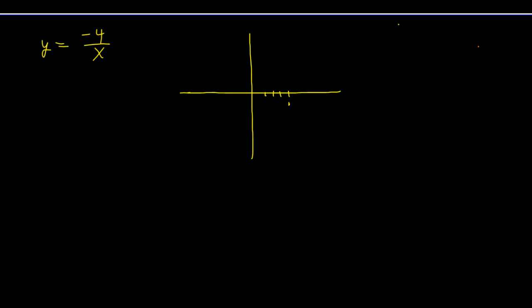When x is 1, y is negative 4. And we have a graph that looks like this. And on the other side, what it does is reflect the two parts across the x-axis. So what we end up with are across the y-axis. You could look at it either way. So what we end up with is our graph in the second and fourth quadrants.